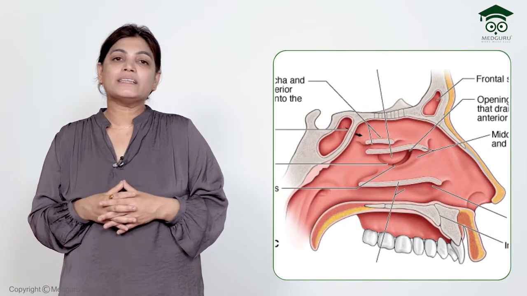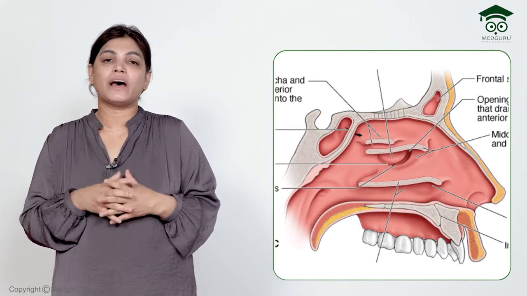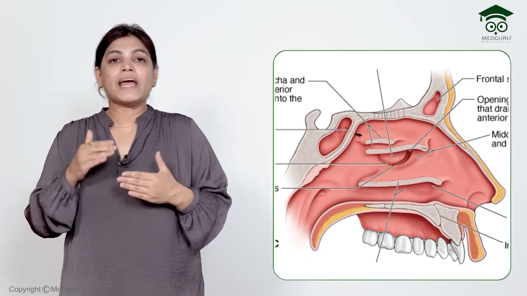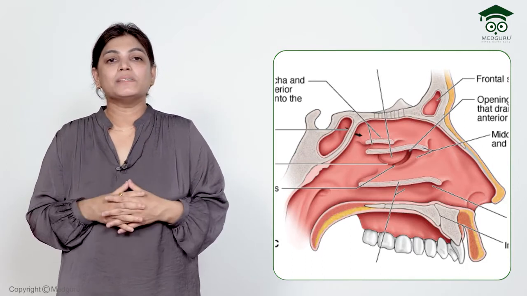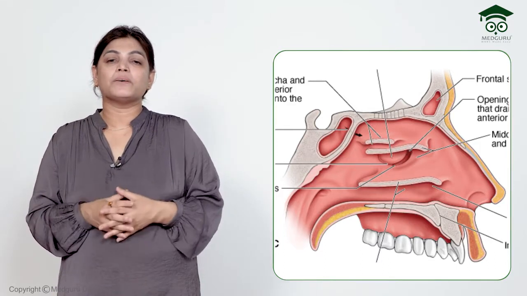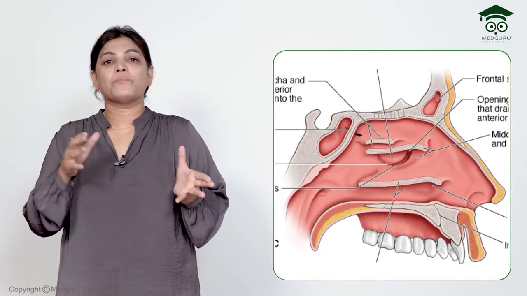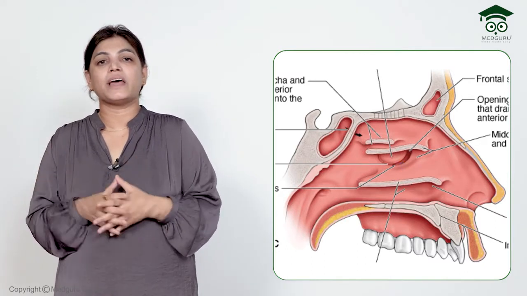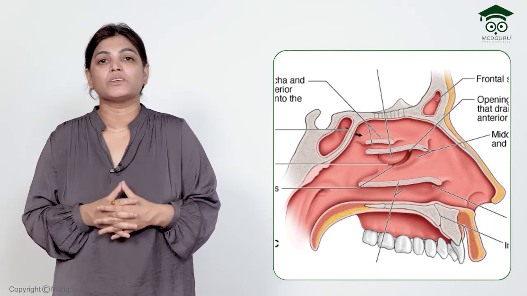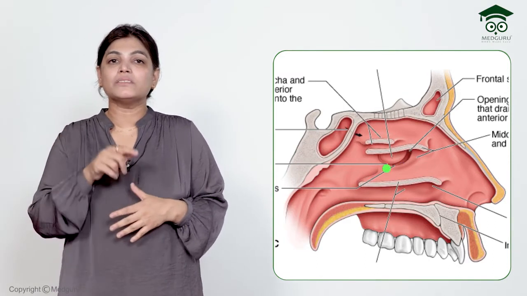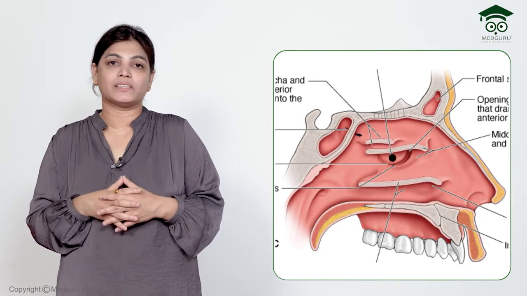Now in the most anterior part of this hiatus semilunaris, the frontonasal duct opens. What opens in the most anterior part of the hiatus? Frontonasal duct opens. Just after that, in the middle part opens the anterior ethmoidal sinus, and adjacent to it, in the most posterior part of the hiatus, opens the maxillary sinus, and on this bulla opens the middle ethmoidal sinus.